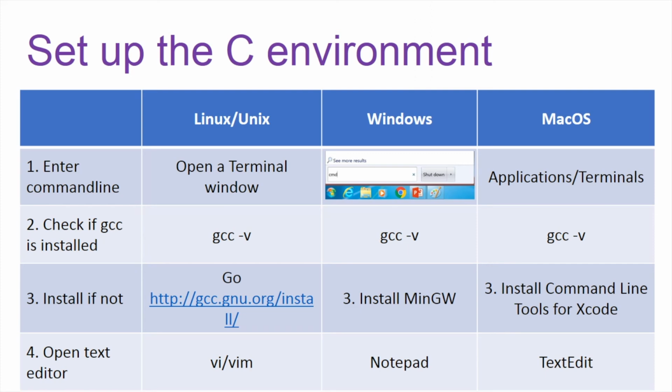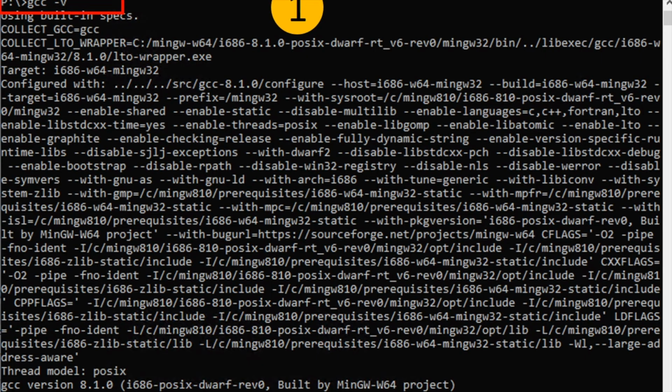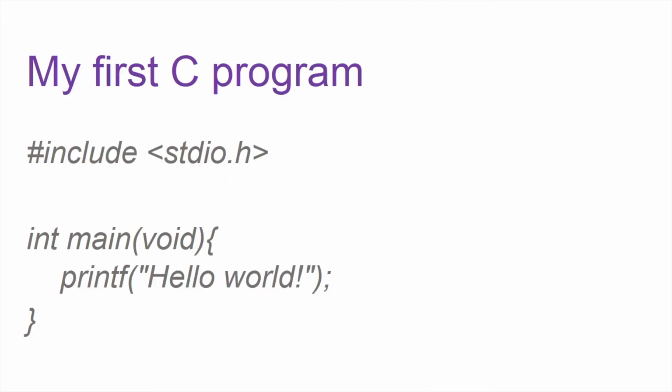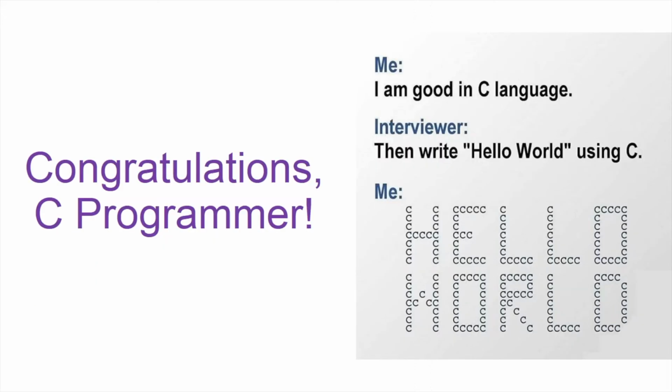In case you already did that, you can follow the steps. This is to test if GCC is there. And once you have GCC, you can program following the steps I've already demonstrated, and you can run the Hello World program. And if you have done that, congratulations, now you are a real C programmer. Okay, that's it.